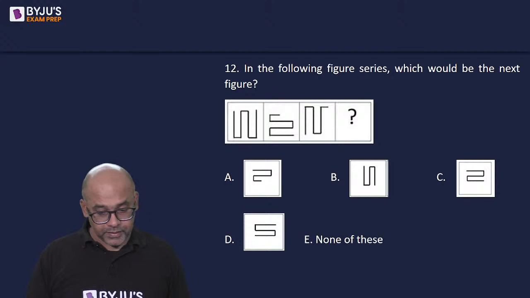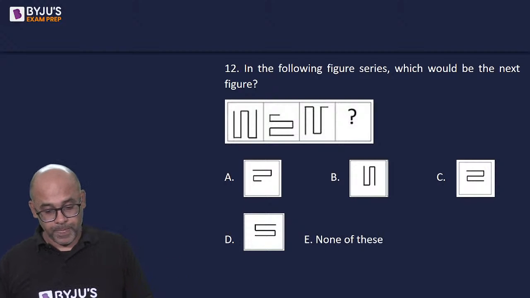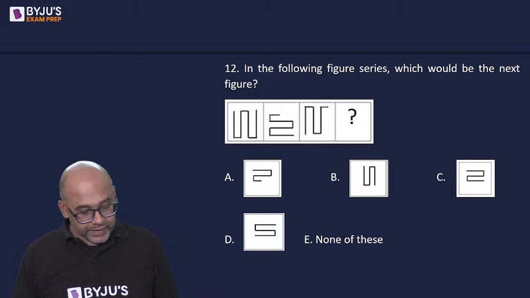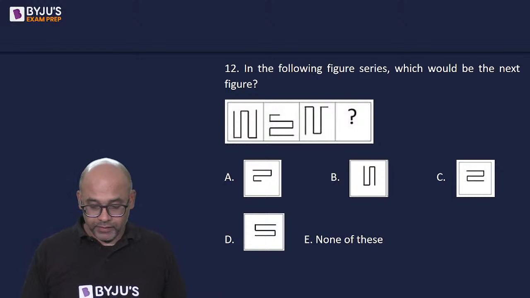Any answers? Question number 12. So there is a C. Okay, let's see, is it A or C?